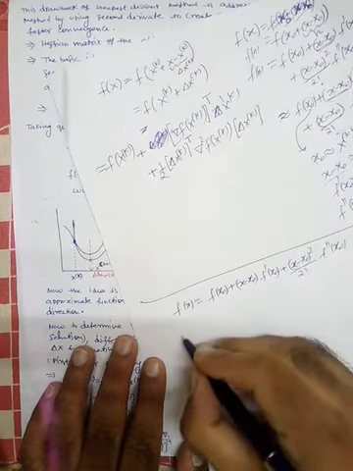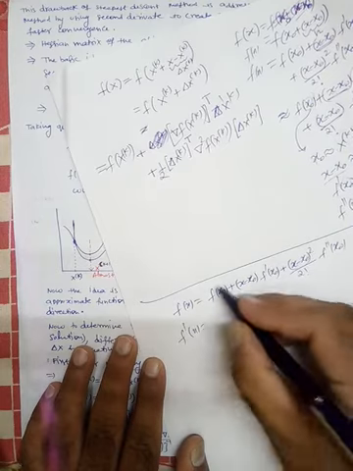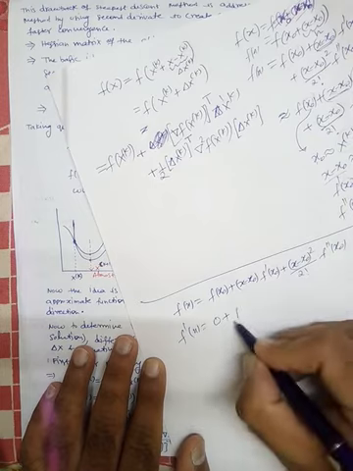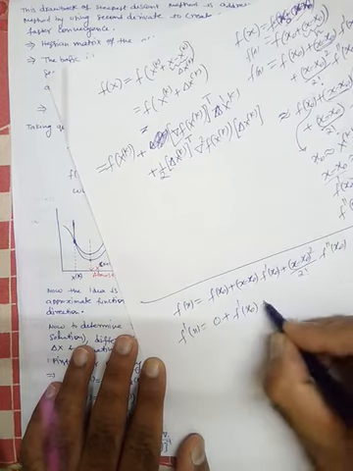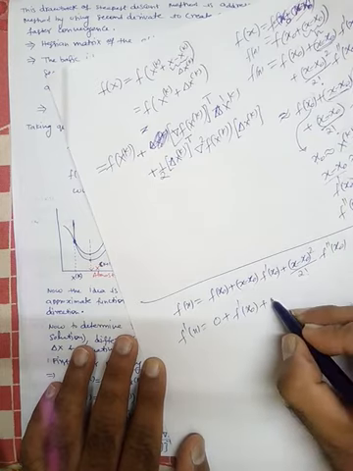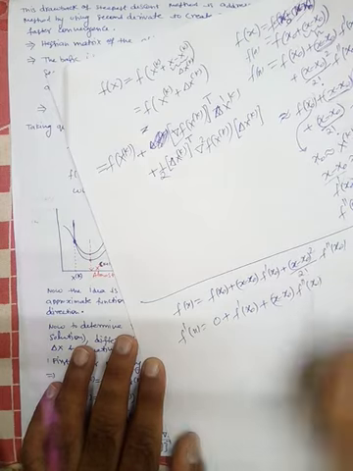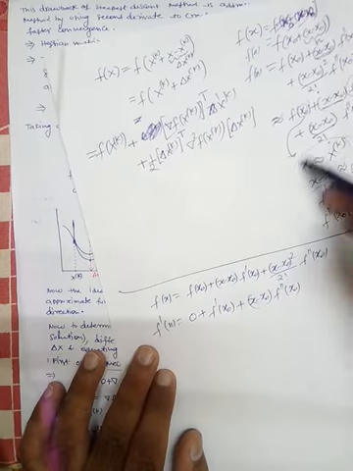Now differentiate this equation. So f dash x will be 0, plus from here we get 1, so simply f dash x naught, plus from here we get x minus x naught times the second derivative at x naught. Okay, now replace these.